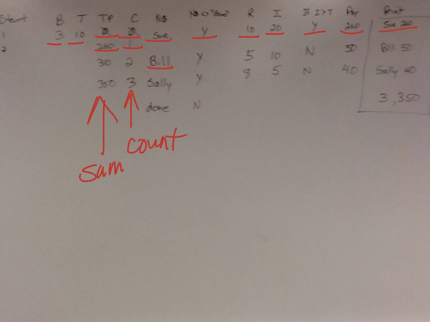Okay, Bill, yes, 5 and 10, this was no, 50. Add those on, add another one for the count, add on 50 to 260, now it's 310, the count is 2, print it out, read the next name, Sally, yes, 8, 5, no, that one's 40, add the 40 on, get 350, count becomes 3, print it out, read done, is that yes?